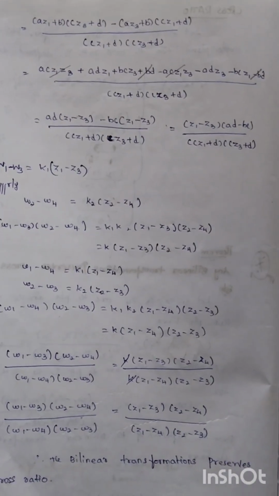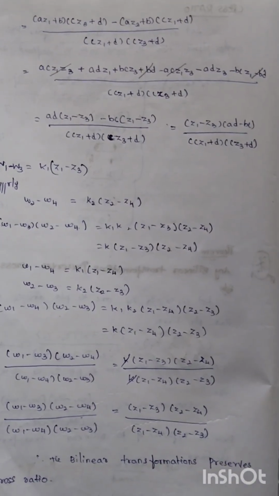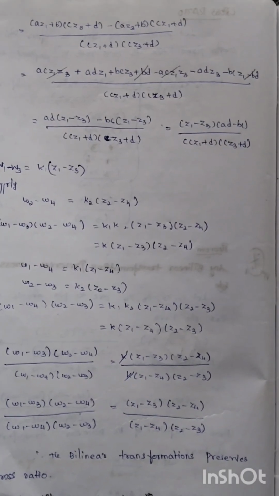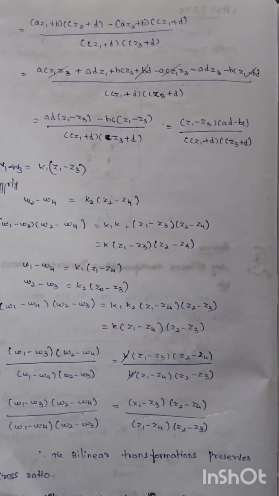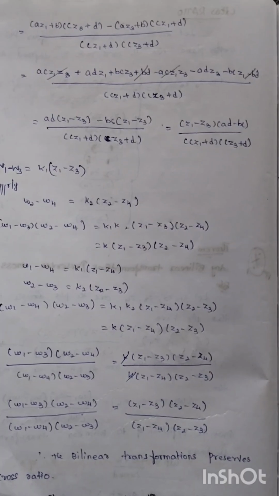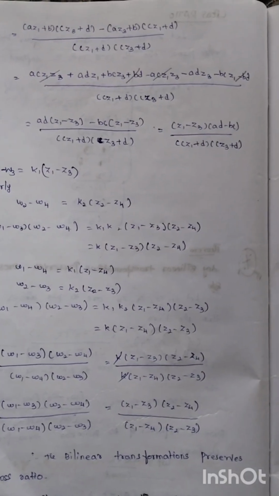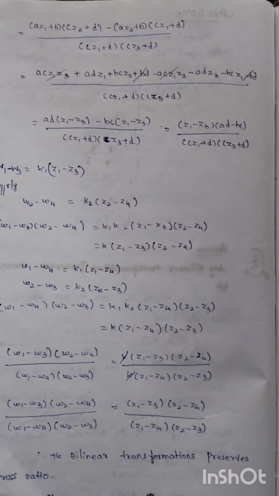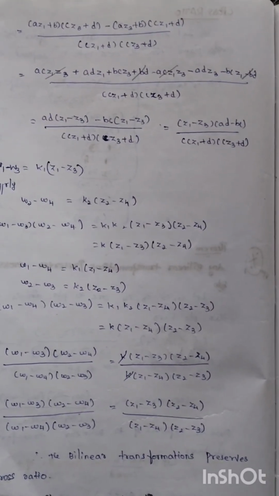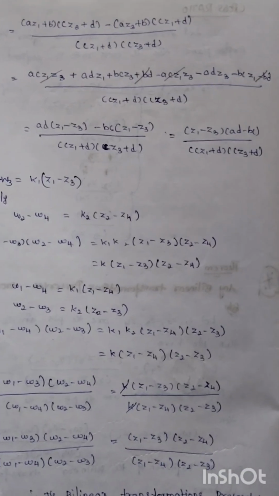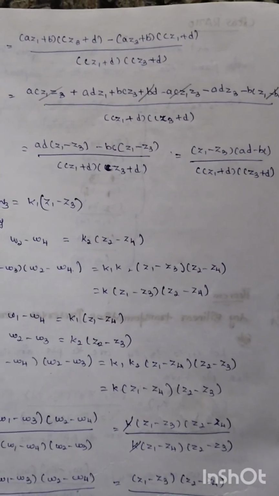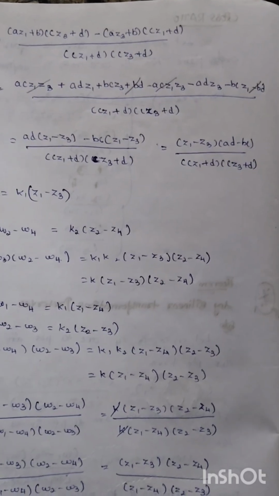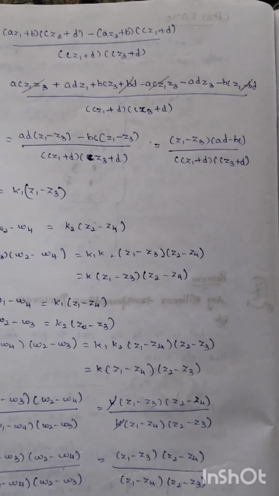We get ac z1 z3 plus ad z1 plus bc z3 plus bd minus ac z1 z3 minus ad z3 minus bc z1 minus bd, divided by (c z1 plus d) into (c z3 plus d). Here ac z1 z3 minus ac z1 z3 cancel and bd minus bd cancel.